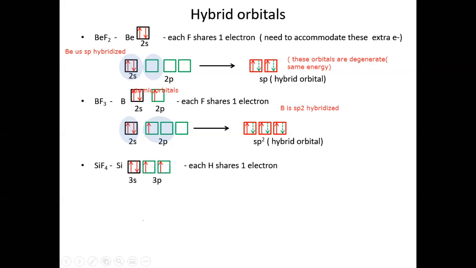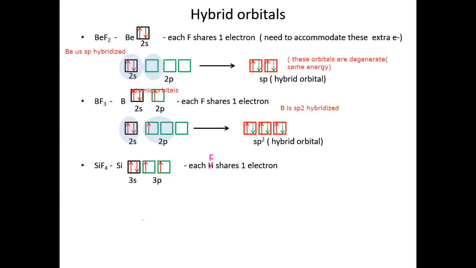Next we have silicon tetrafluoride. Silicon has a 3s2, 3p2 outer orbital configuration. Each fluorine shares 1 electron. So silicon has to accommodate the extra 4 electrons from the fluorines.